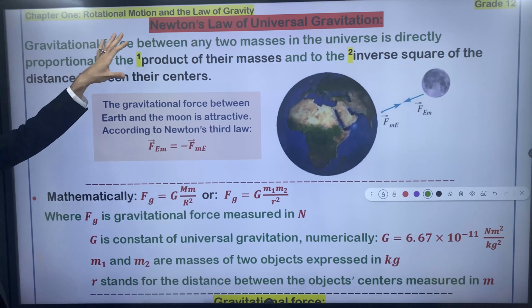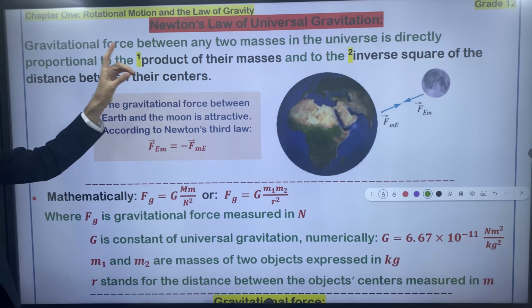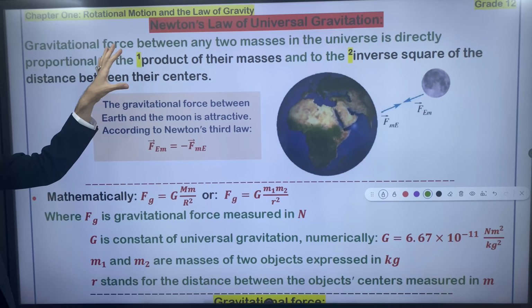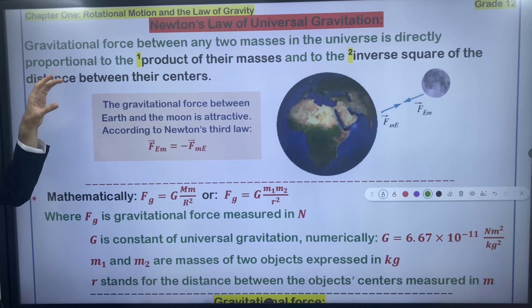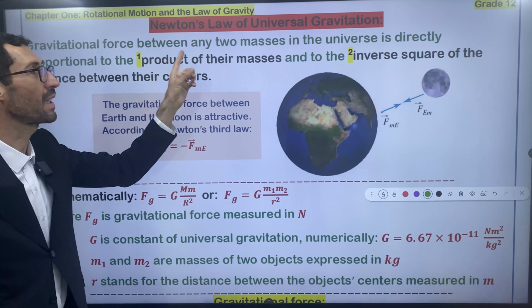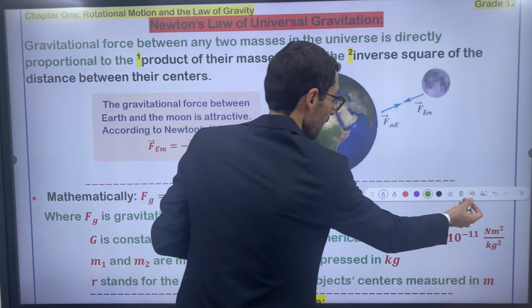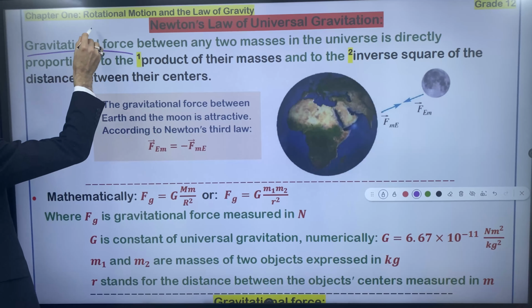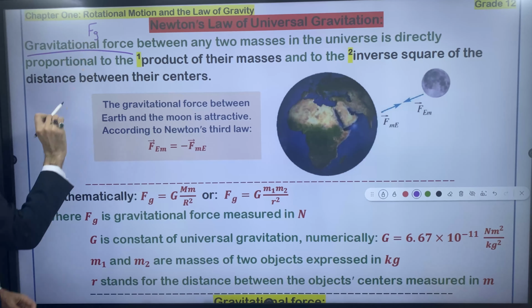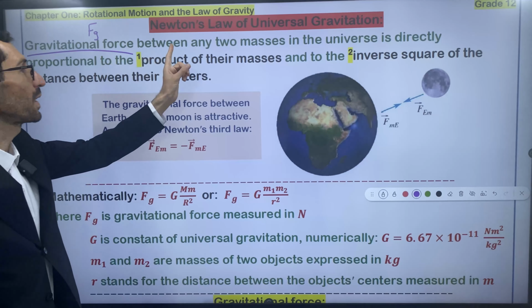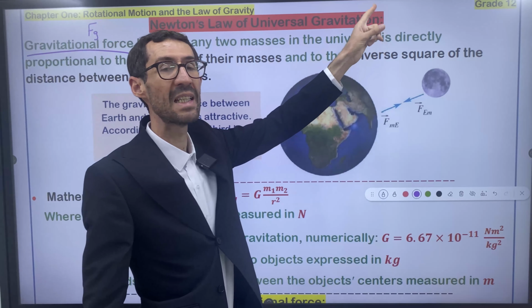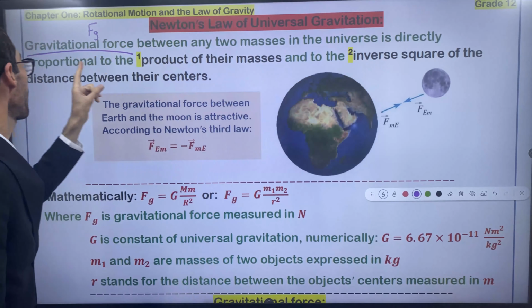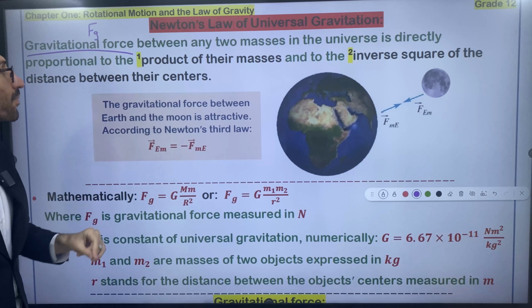I'm going to read the definition of this law for you. Newton's law of universal gravitation. This is the statement for this law. Newton says that the gravitational force between any two masses, gravitational force meaning Fg, F sub g, between any two masses in the universe is directly proportional to, number one, what?